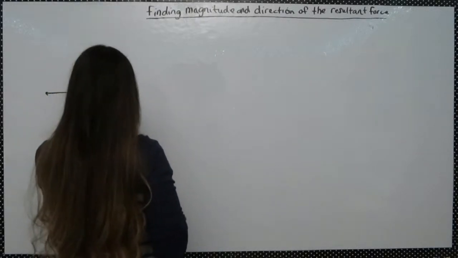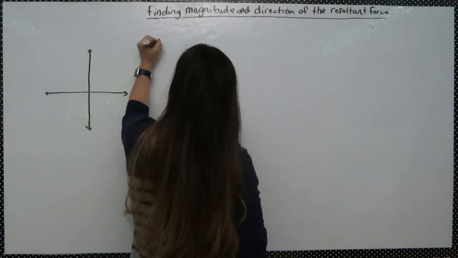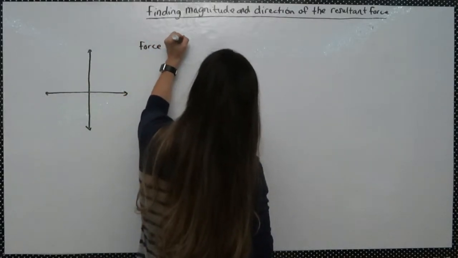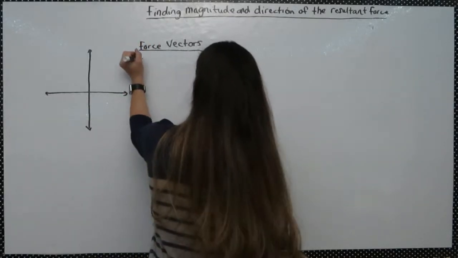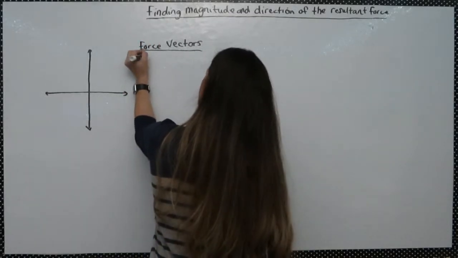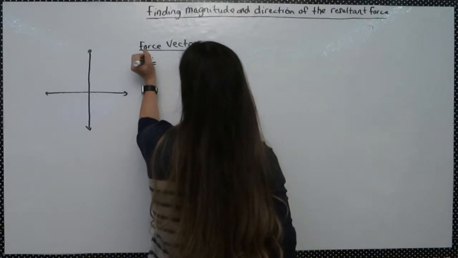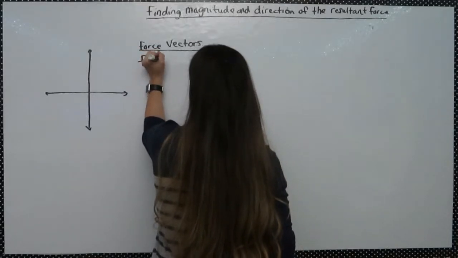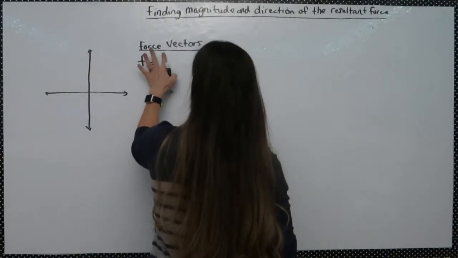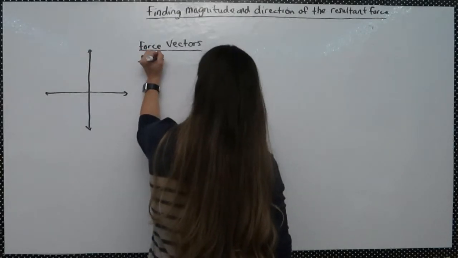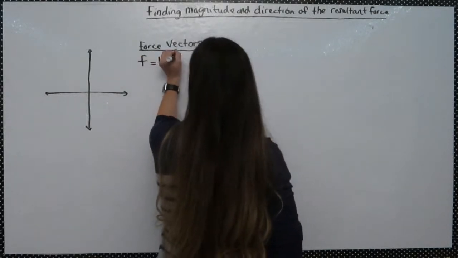A force, okay, force vectors. So F equals the magnitude. So I'll just say V, the magnitude of V times an angle theta.